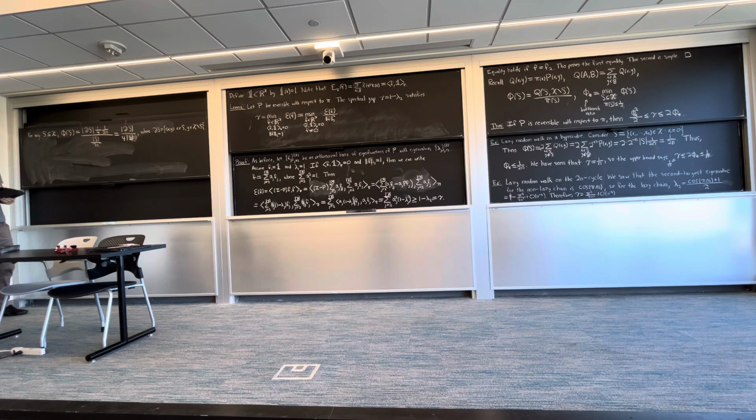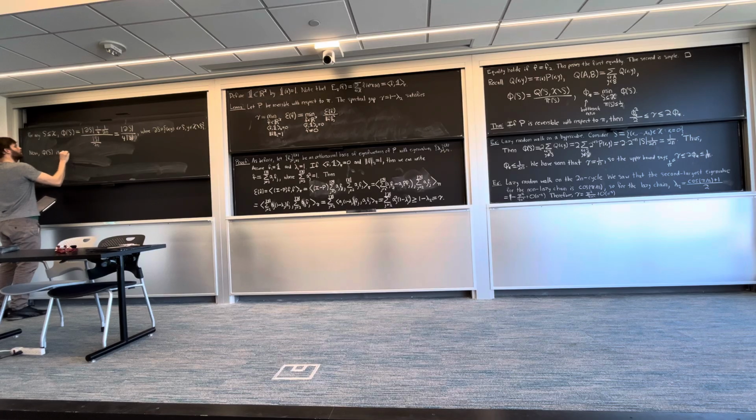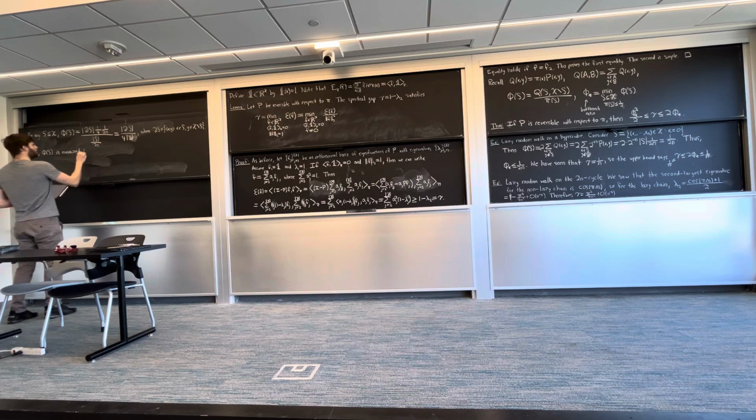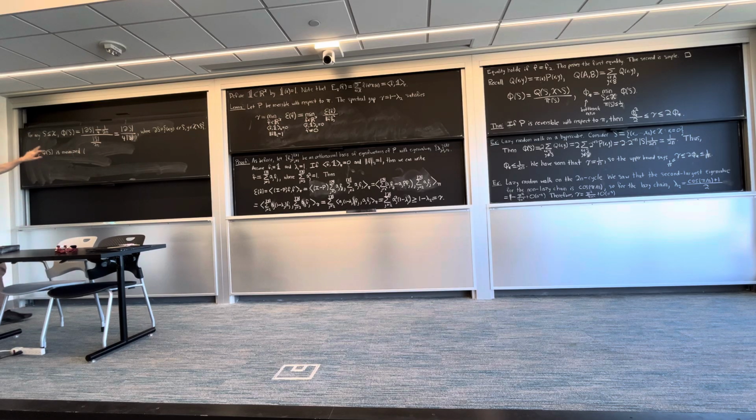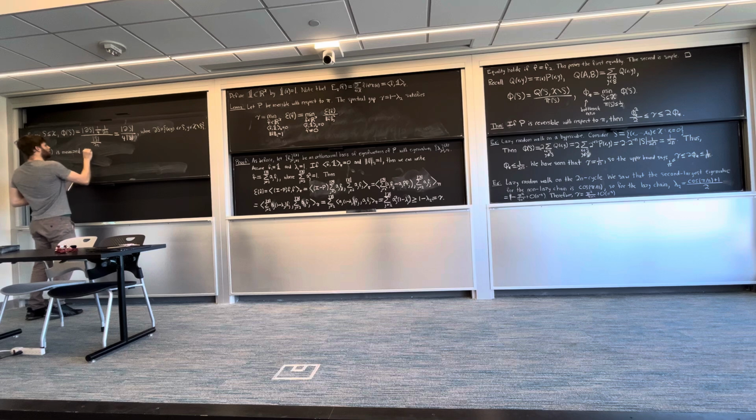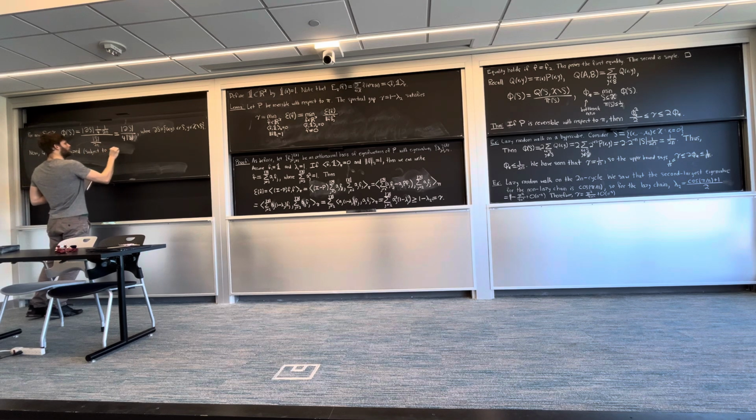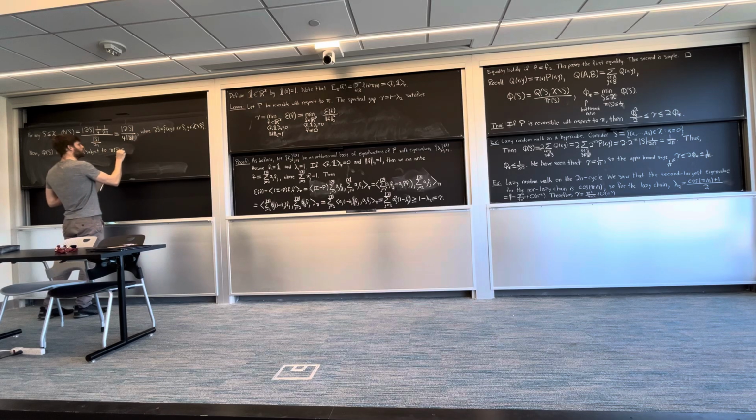Okay, now phi of S is minimized. Well, I want to minimize phi of S subject to the condition that the probability of S is less than or equal to 1/2.